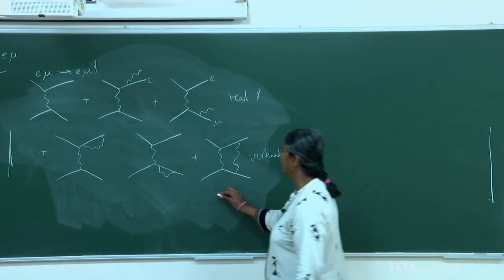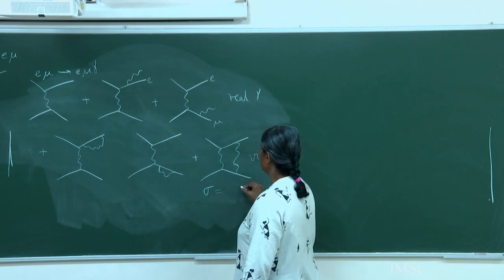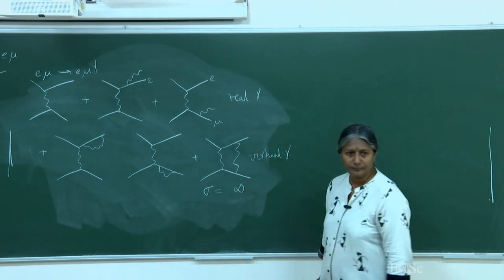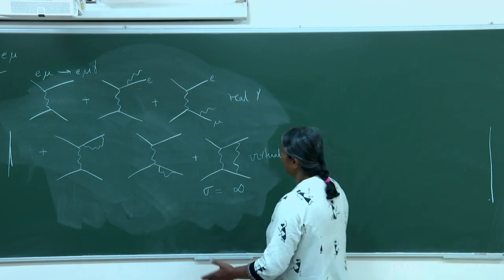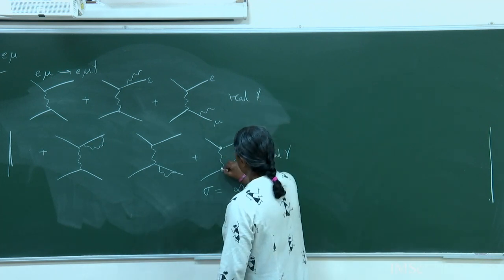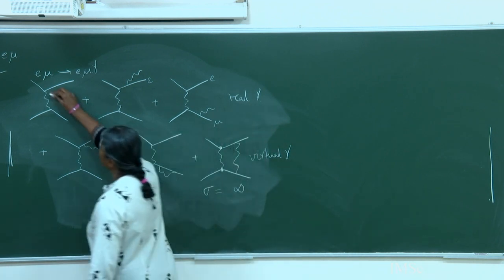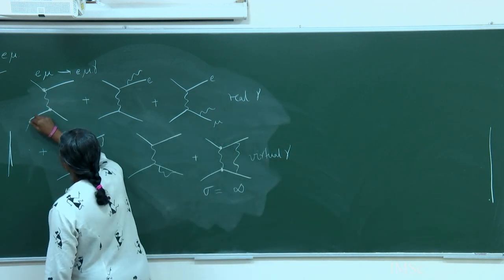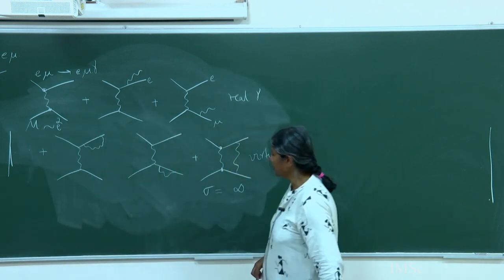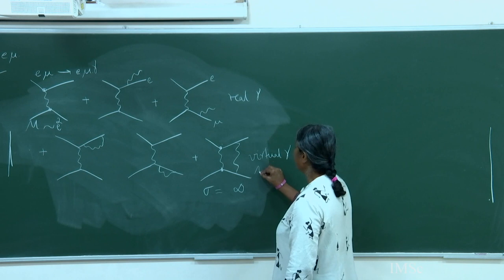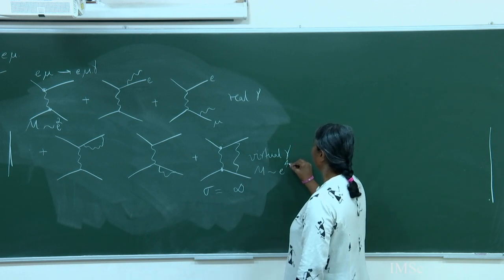I can tell you that the answer for this contribution to the cross section is infinity. To make sense of this higher order term: the tree level diagram is proportional to E squared, and therefore the matrix element squared is proportional to E power 4. This diagram's matrix element is also proportional to E power 4.